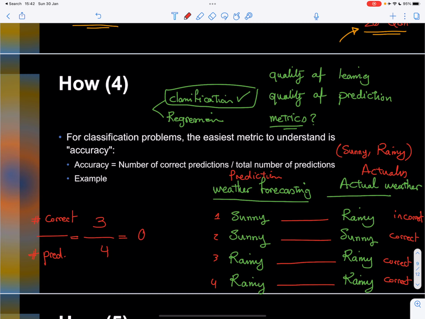And this is equal to 0.75 or 75%. This is a metric, and this is a very common metric. It is called accuracy. It is a metric for classification.